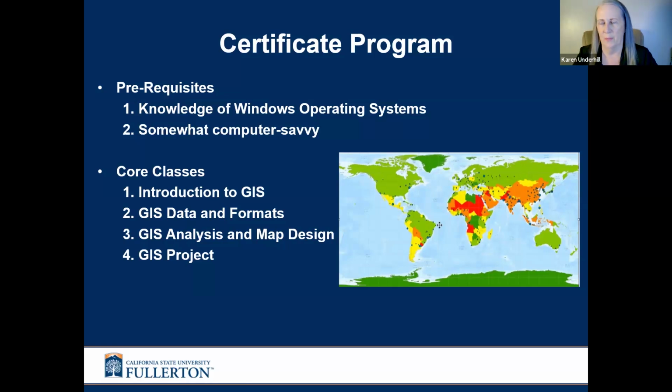That happens all the time. It's a big deal to understand the data in order to use it for analysis and create your maps. We still are doing assignments and exercises. You end up creating maps almost every week, but we're working with different types of data and formats.